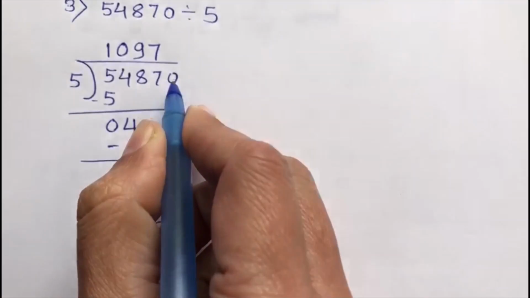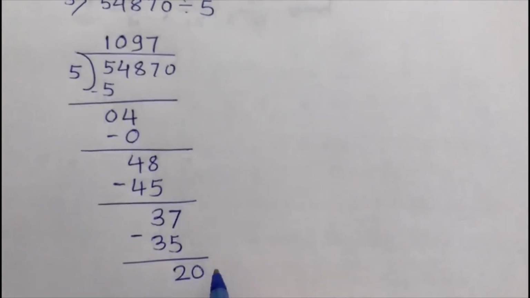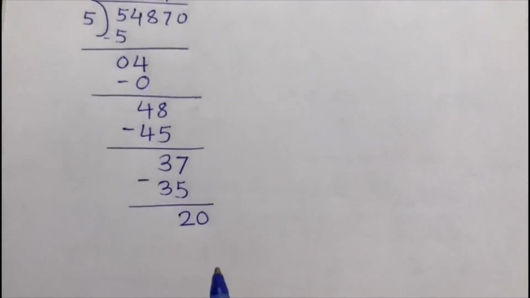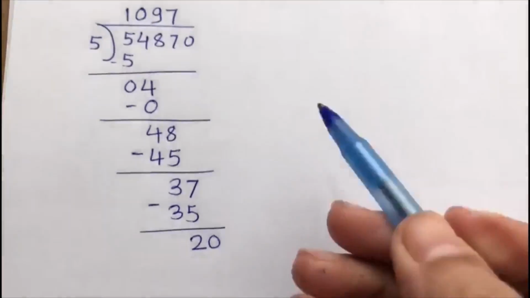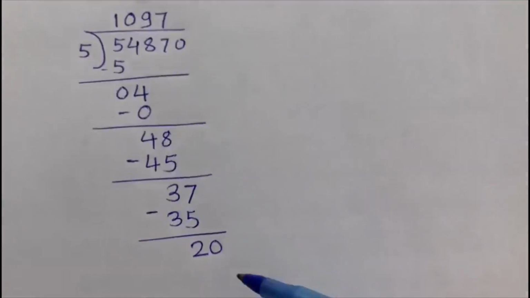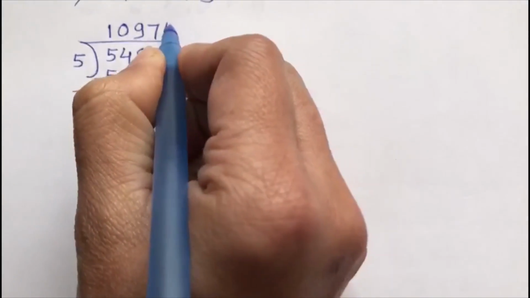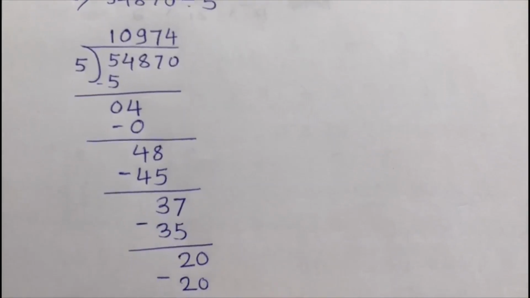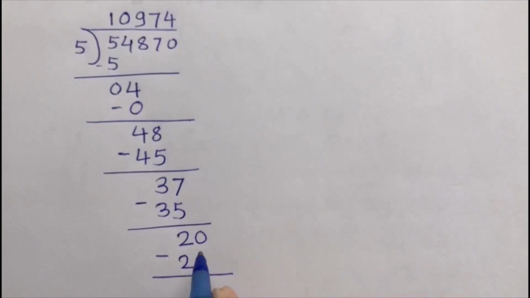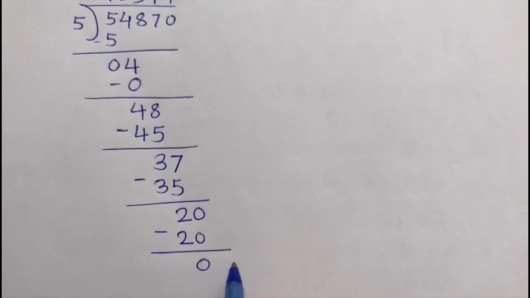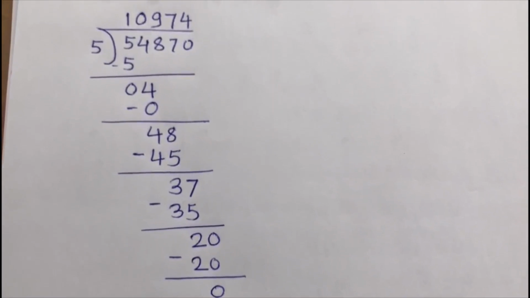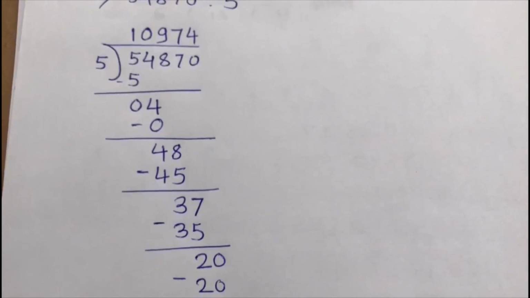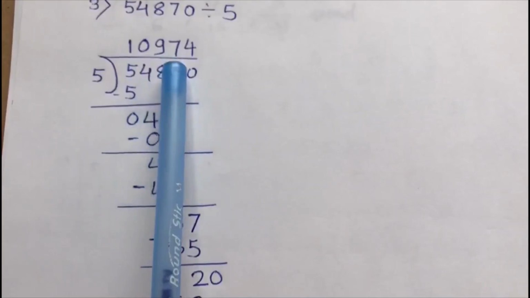Now take down the next digit, that is 0, so the number becomes 20, and in the multiplication table of 5, 20 comes at 4th place. So I write here 4 and I write 20 here. When we subtract 20 from this 20, the remainder is 0. So the answer we have got is 10,974.